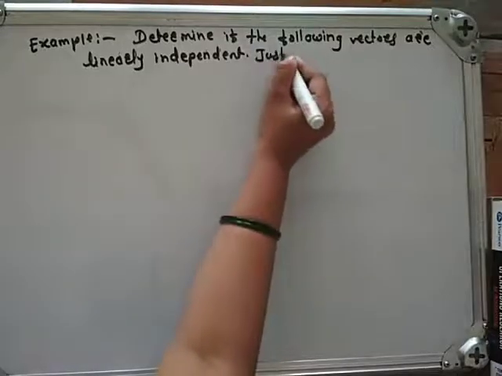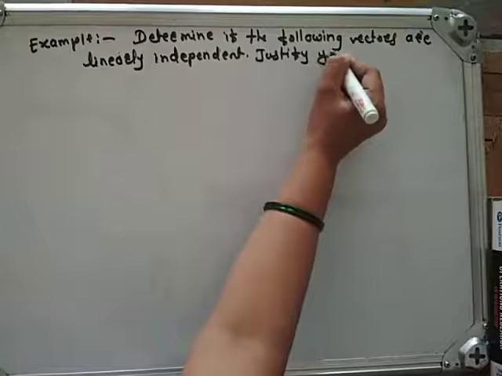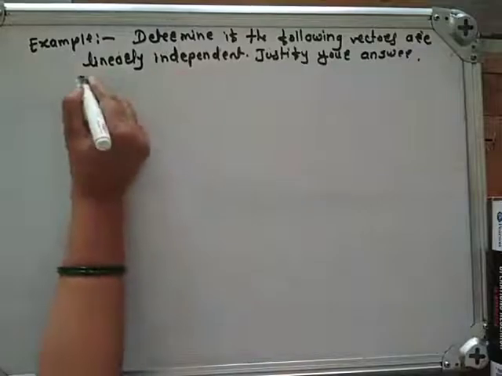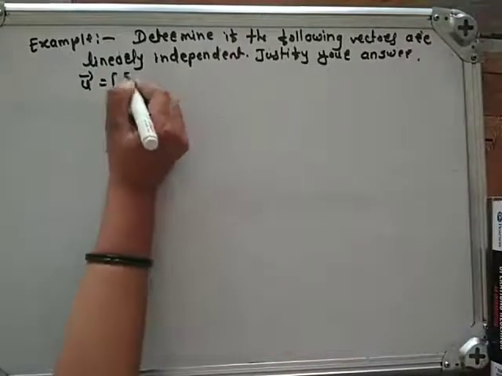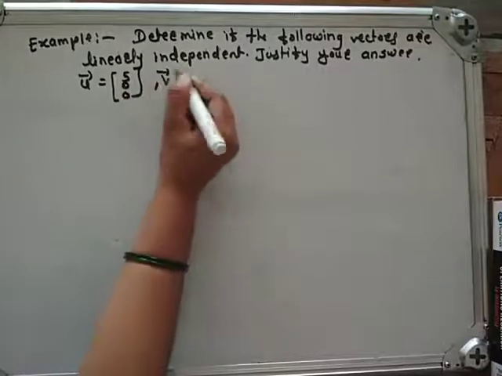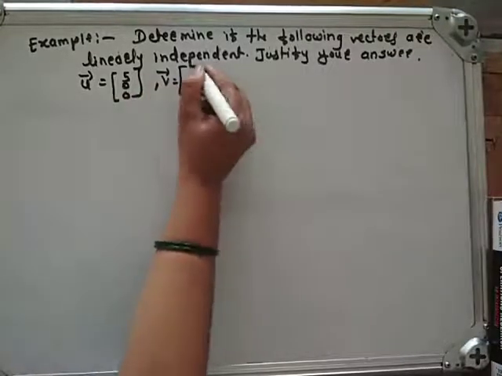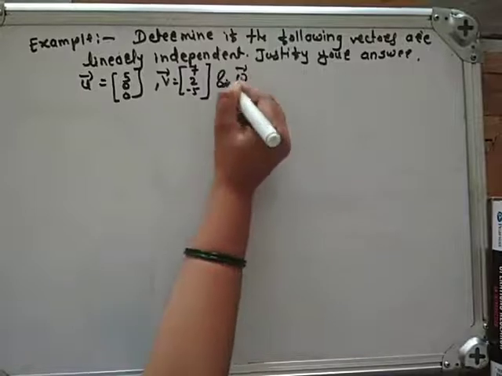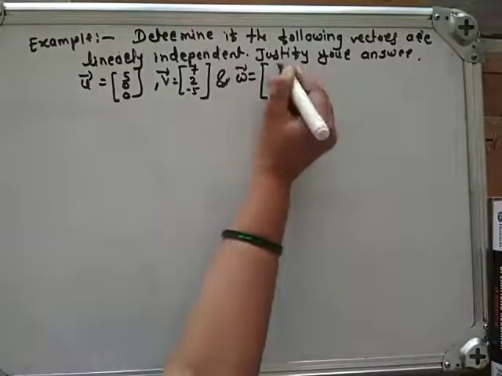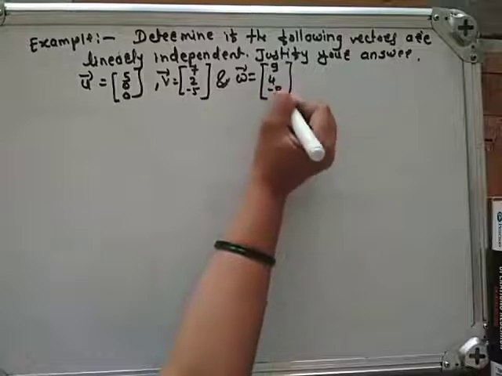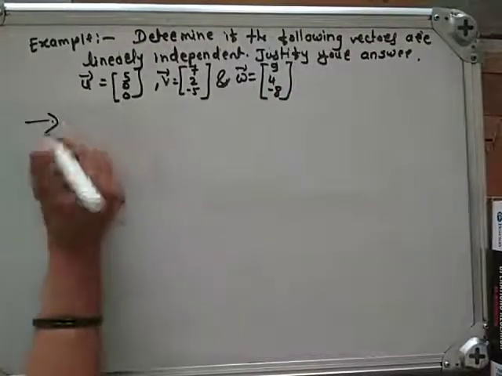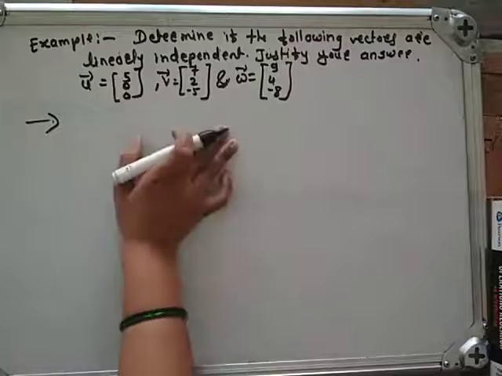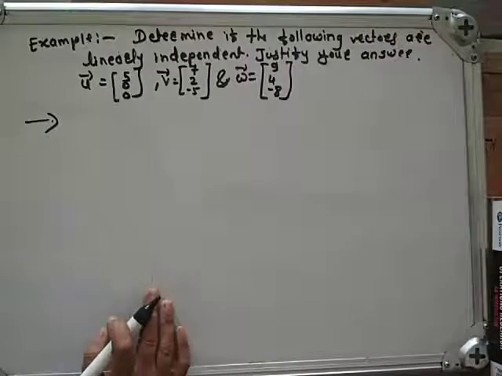Justify your answer. Here u bar is the matrix 5 0 0, v bar is the matrix 7 2 minus 5, and w bar is the matrix 9 4 minus 8. Okay, we have to check whether this set of three vectors is linearly independent or not.